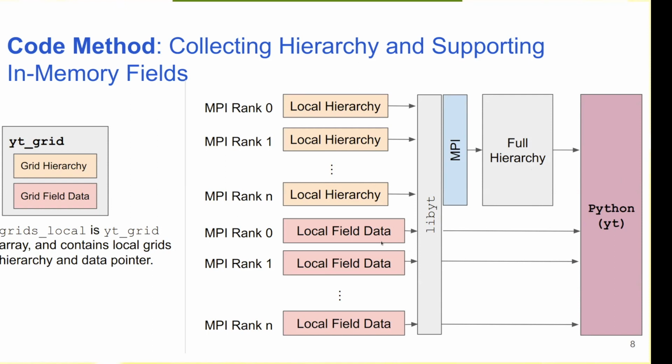For local field data, libyt uses the NumPy API to wrap the data and tell Python how to interpret this block of memory, which contains the field data. This step does not require additional memory, because Python is now directly reading and using the simulation data.